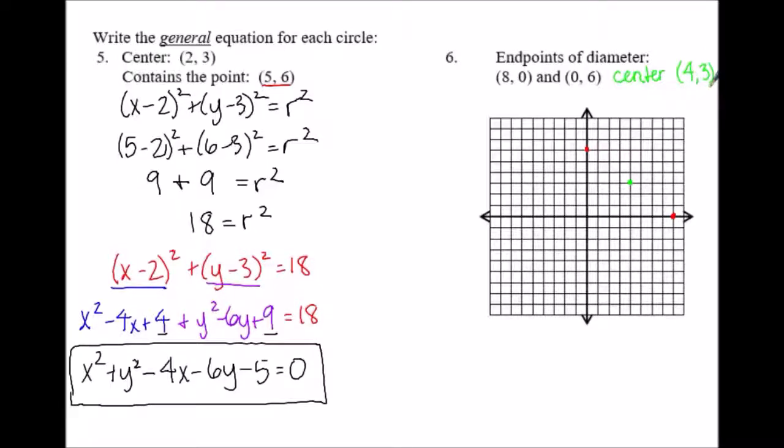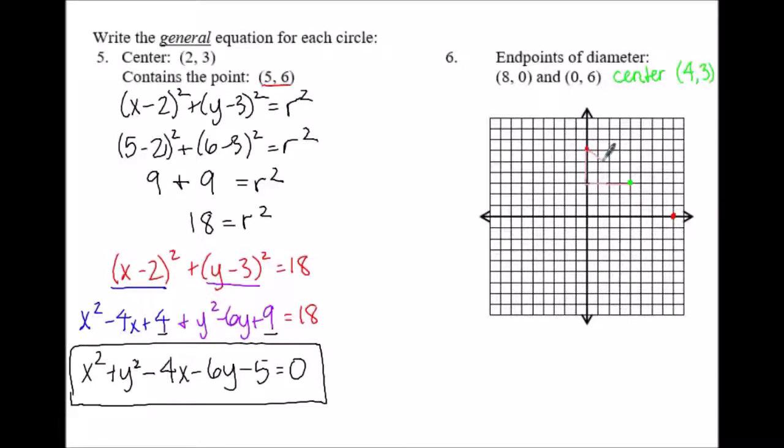Now for my radius, I can do the same type of thing that I did on problem number 5. You can either do the algebra to figure out what r is, or you can use the Pythagorean theorem. I'm going to show you the Pythagorean theorem for this problem. If I'm looking at the distance from the center to one of the points at the end of the diameter, I know that I'm going over 4 and up 3.